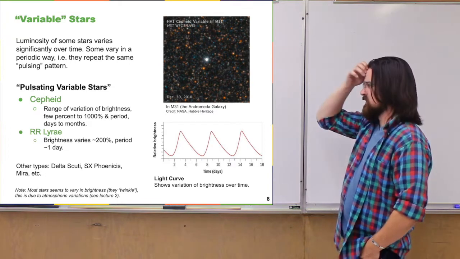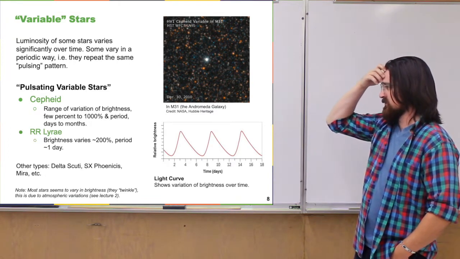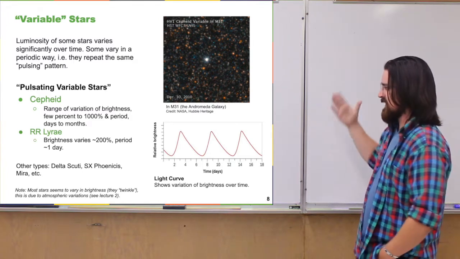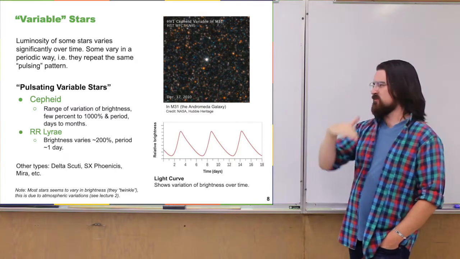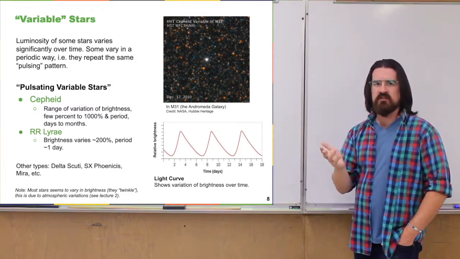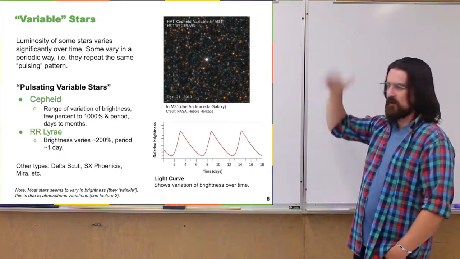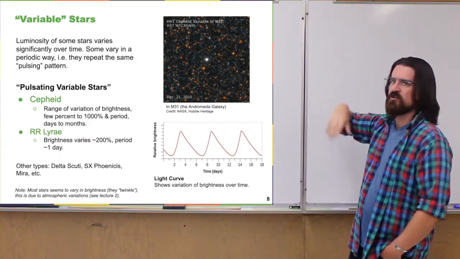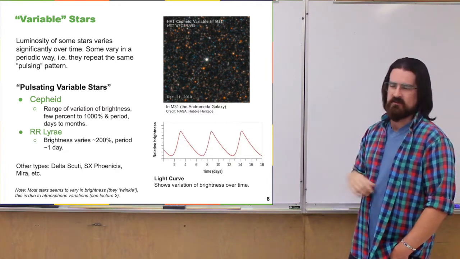Some broad things about these stars, the Cepheids: they range in how dim and how bright they get. That change could be a few percent of its total brightness, its total luminosity, all the way up to like 1,000%. Like 100 times, it can vary in how bright and dim it gets.